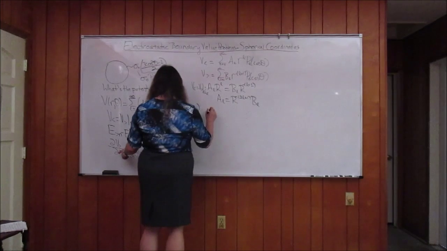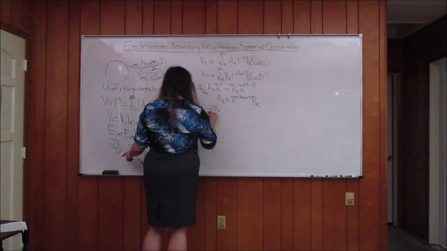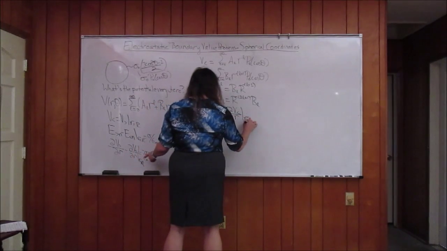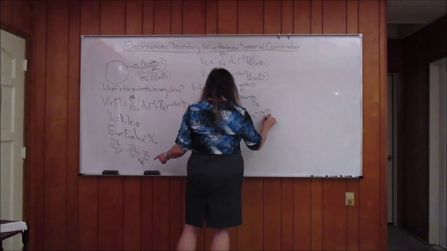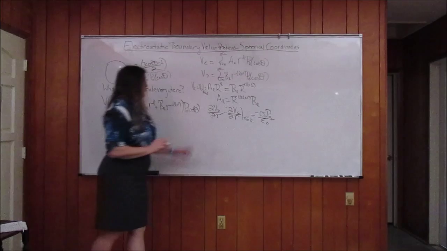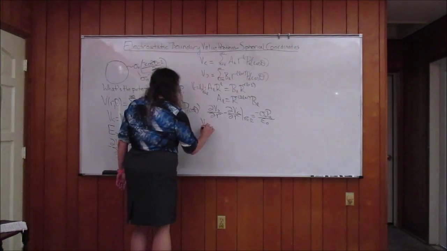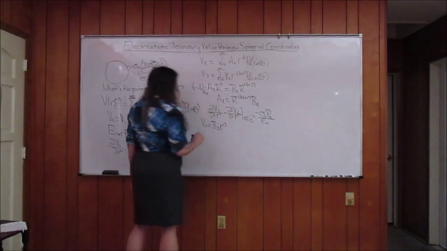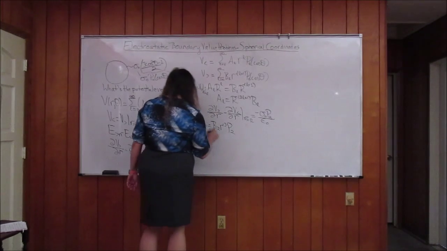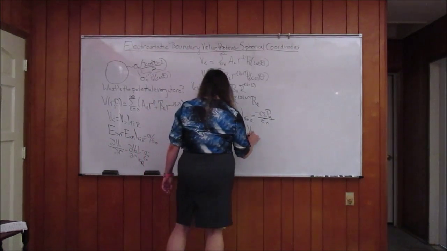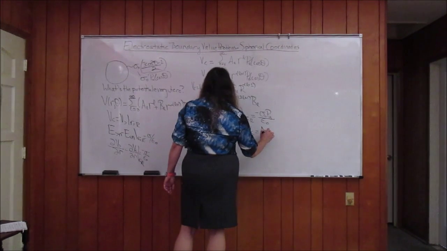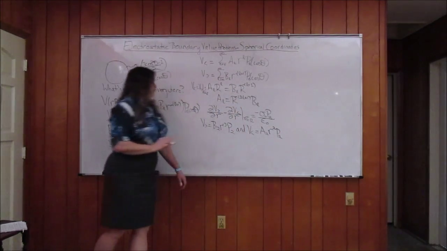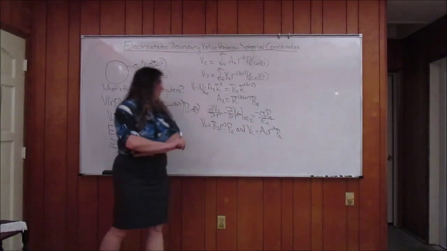So therefore, the exterior solution is equal to B2 r to the minus 3 P2, and the interior solution is equal to A sub 2 r squared P2.